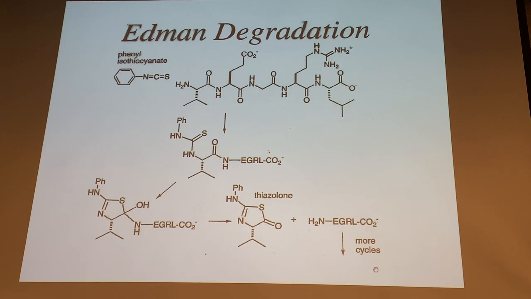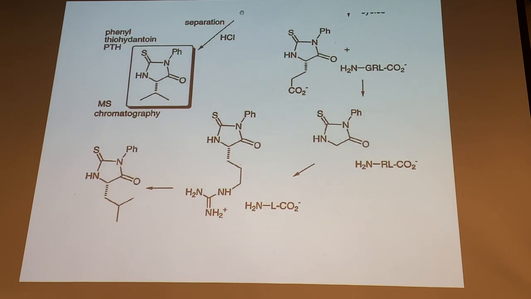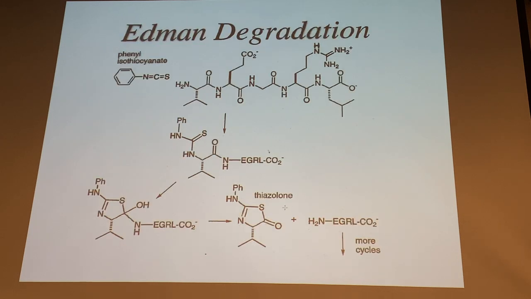You can add another thing here after you filter off and get the thiazolone, which actually rearranges to what's called the phenylthiohydantoin. Okay, and that's a thiourea with the ring here in place. Notice the thiazolone has just a sulfur thioester and the nitrogen here. So you have to do a rearrangement.